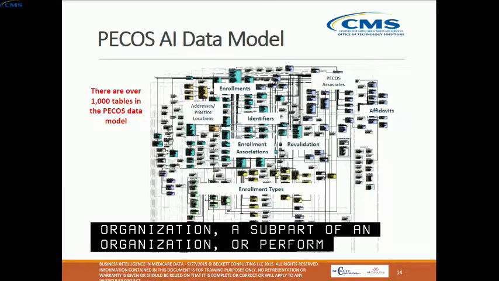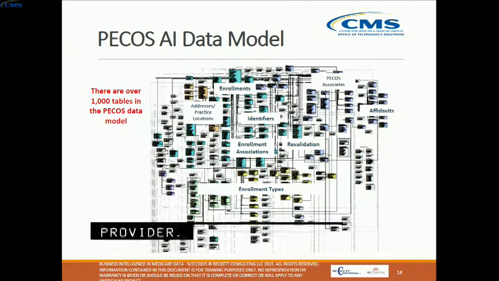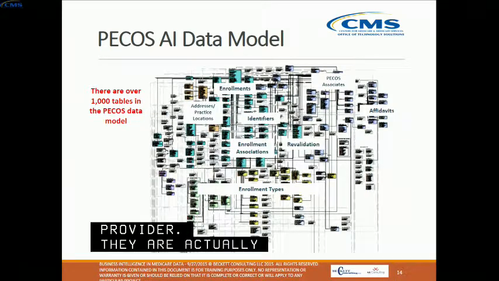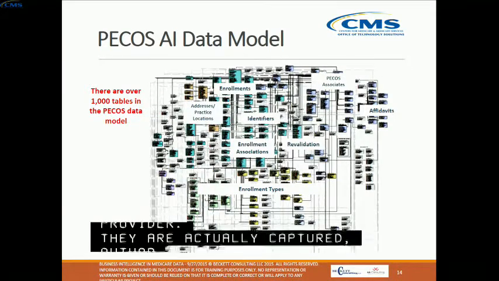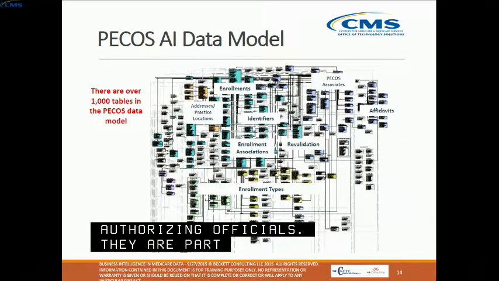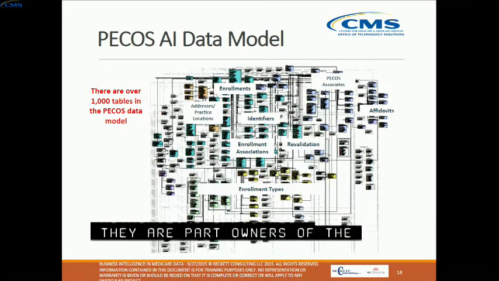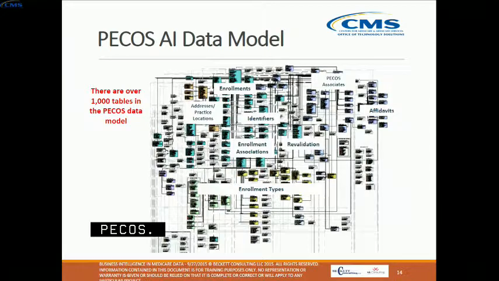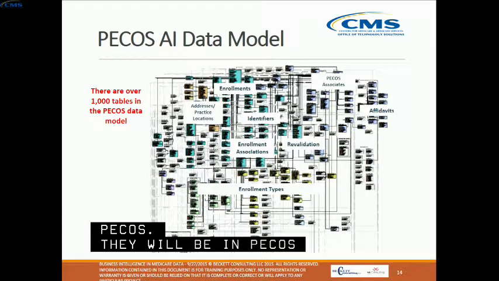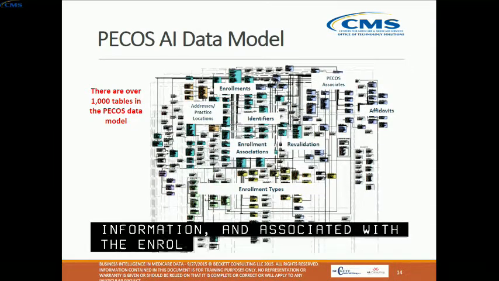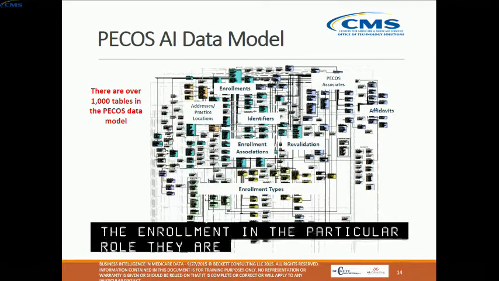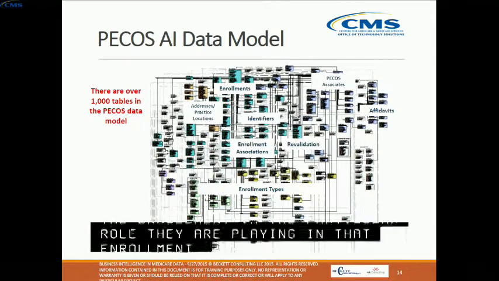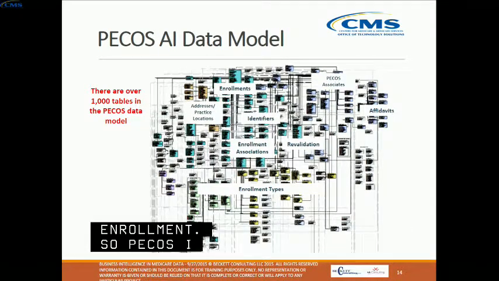For example, authorizing officials or owners, part owners of an organization are captured in PACOS. And they will be in the PACOS associate information and then associated with the enrollment in the particular role that they are playing in that enrollment. So PACOS is very much an enrollment-focused system and enrollment-focused data model.